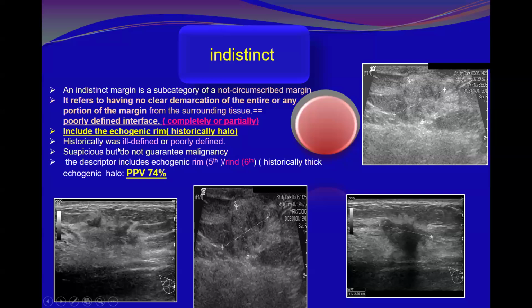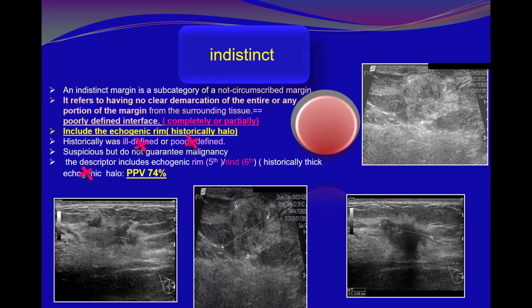Okay, and so before talking about the echogenic rim, let us talk about the indistinct descriptor itself. In the past, the descriptors corresponding to indistinct were ill-defined or poorly defined, and these are no longer used.